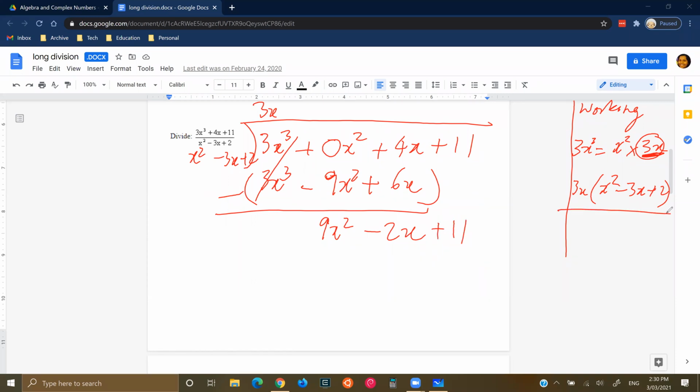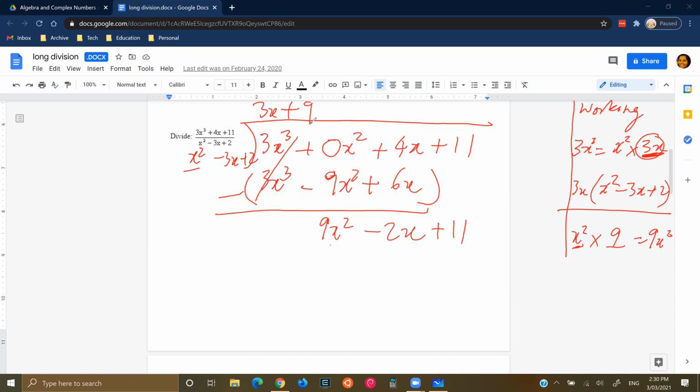Now I'm thinking x squared times what will give me 9x squared. So this x squared came from here, and the 9x squared came from here. So I just need a 9, so I'm going to put the 9 up here.